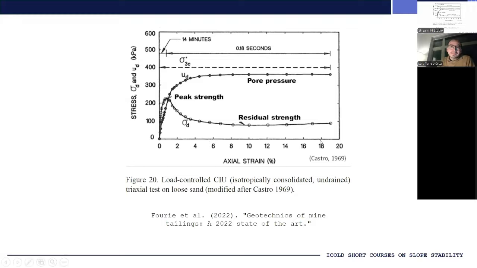Now, that is not the way soils are loaded in nature, right? In reality, in an actual TSF, it is stress that is controlling the loading sequence. And as we can see, this is a result of a stress controlled test. We can see here that loading, when it is stress controlled, can actually occur very, very quickly, and that can lead to the development of undrained conditions.